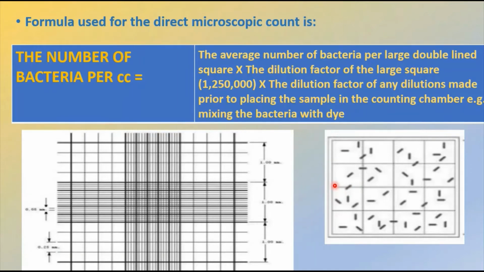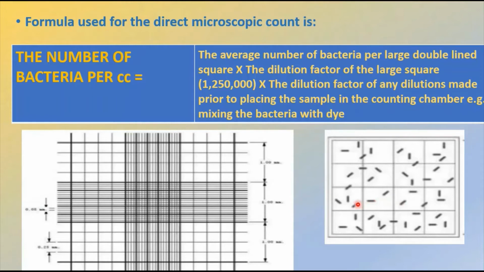Just remember it is 1/20,000 cubic millimeter. And how many small squares are there in this large double line square? 16 small squares are there in the large double line square that is actually counted, making the volume of a large double line square 12 lakhs.